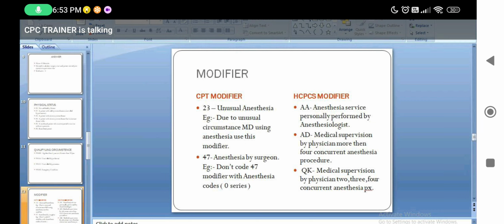When we are using the QK modifier, it is 2, 3, 4 continuous procedures. If more than 4, it is AD; if 4 or fewer continuous procedures are performed, you have to use the QK modifier. So based on the procedure count you have to use it.